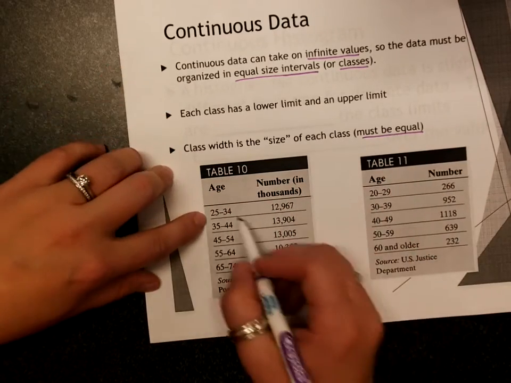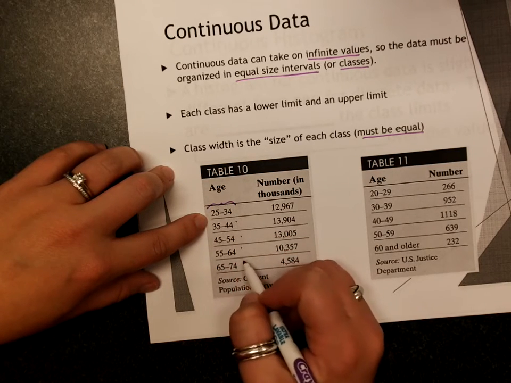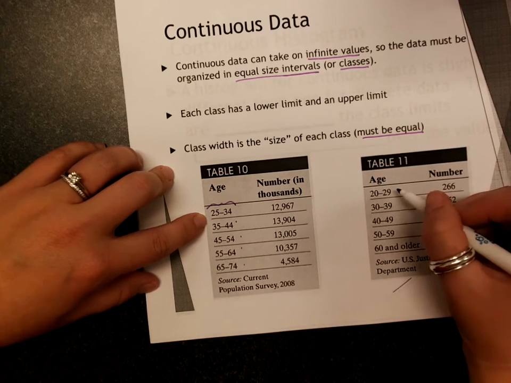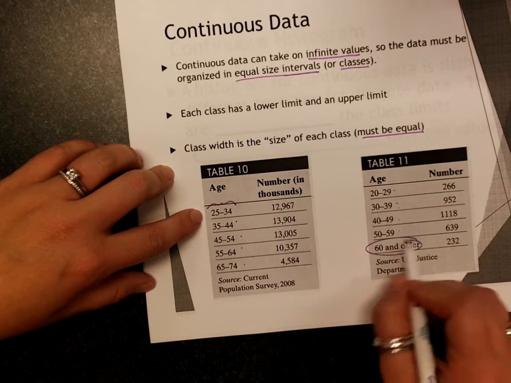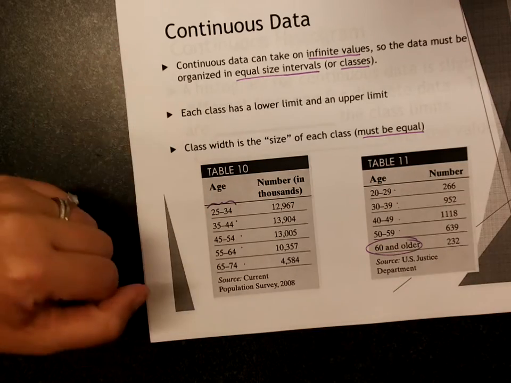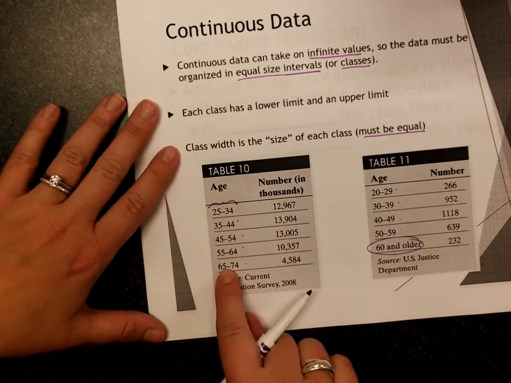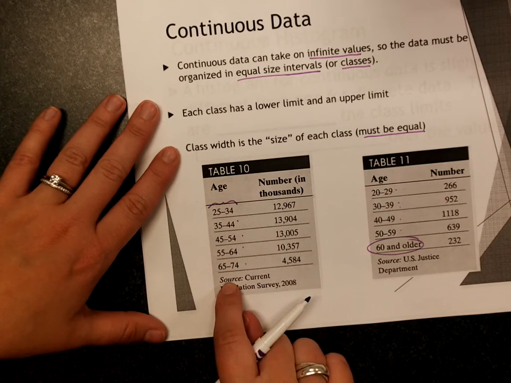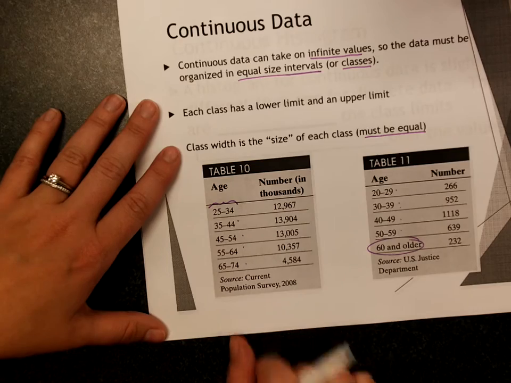So if you look in this table, we have a range of ages, and they're all of equal sizes. In this table, we have a range of ages. They're almost of equal sizes, except for this last one kind of goes off track and does not have an equal size. So we want to have all of our classes or intervals be of equal size to help us count the different frequencies.